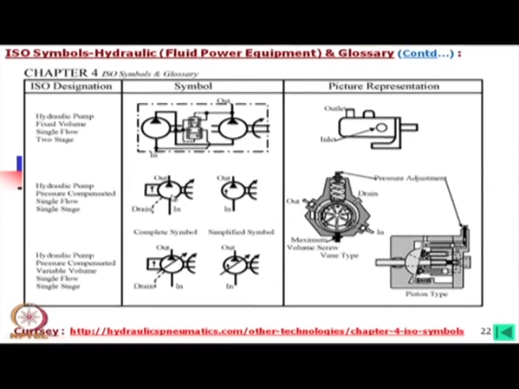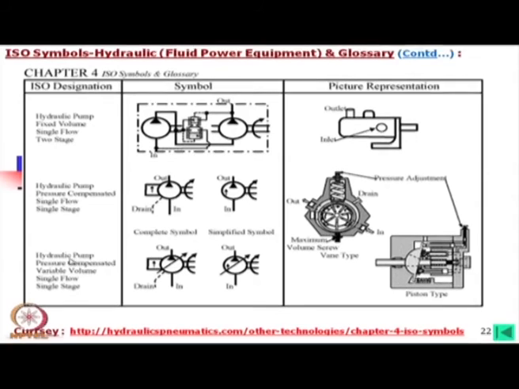Now, in this case what we find is that we have added one drain line here and one arrow. So, what does it indicate? Hydraulic pump pressure compensated, single flow, single stage. We have drain flow and the pressure compensated sign is present like this.